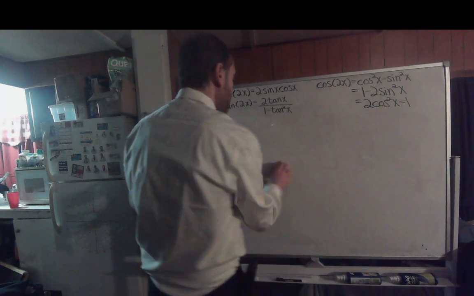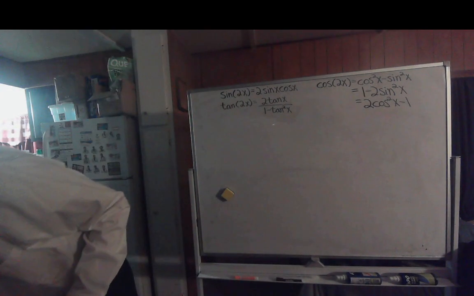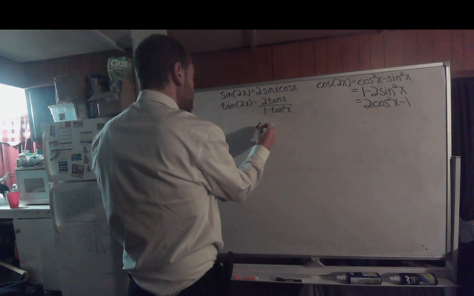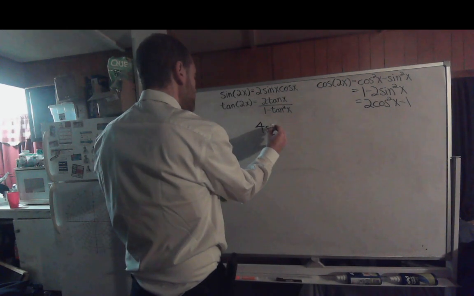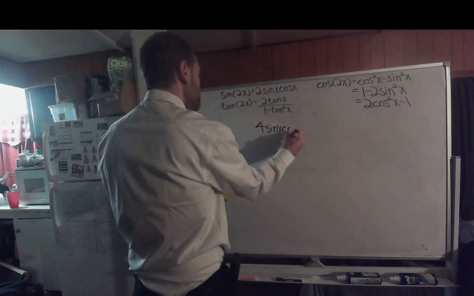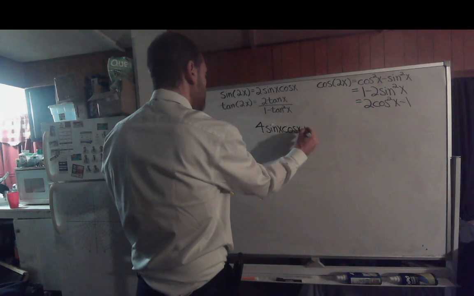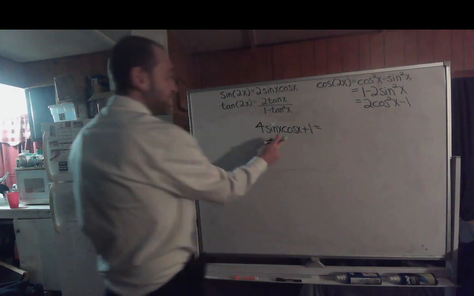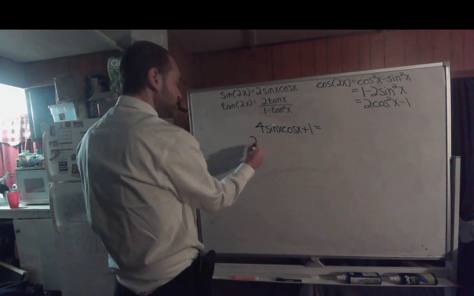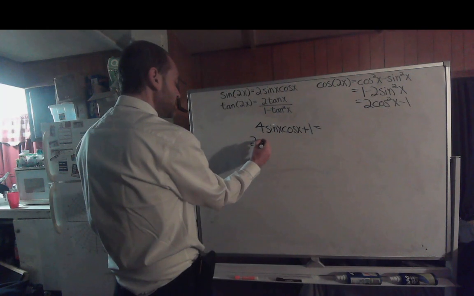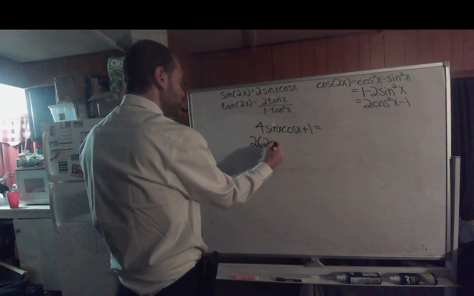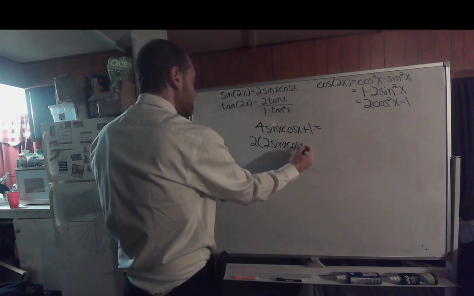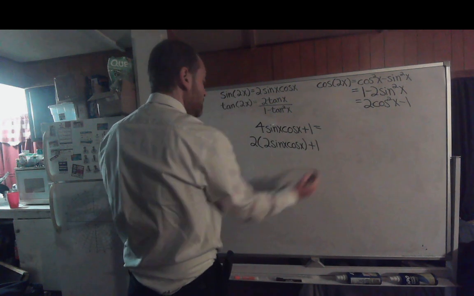I got 3 more of these, then we're done with the lesson. Okay. Let's say we have 4 times the sine of x cosine of x plus 1. Well, 4 sine of x cosine of x, is that not the same thing as 2 times 2 sine of x cosine of x, plus a 1?